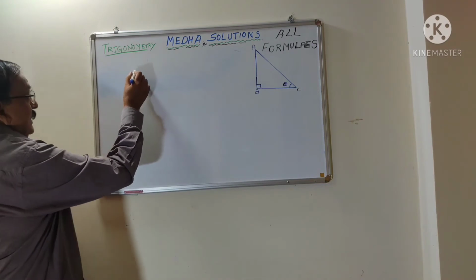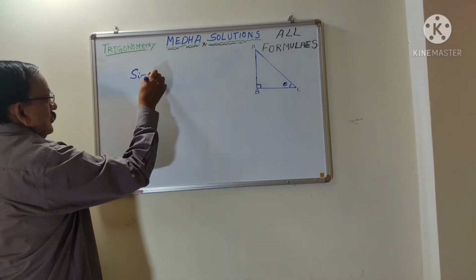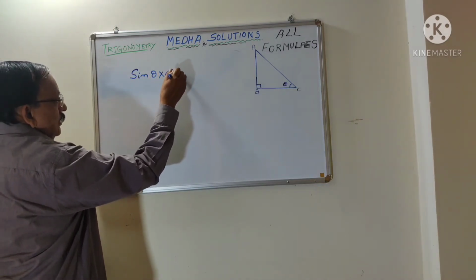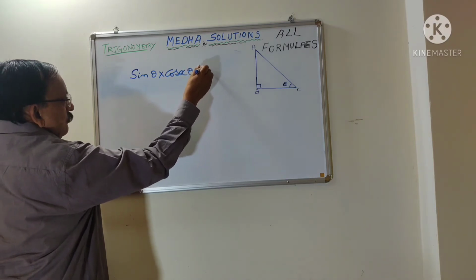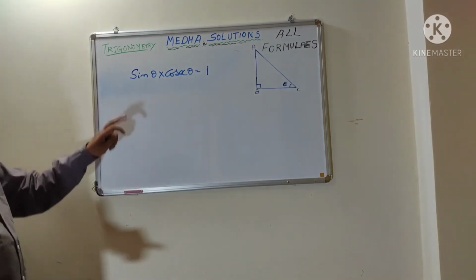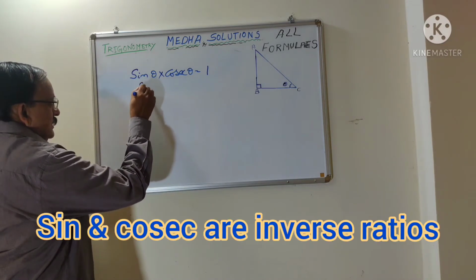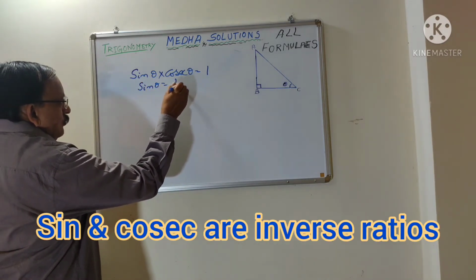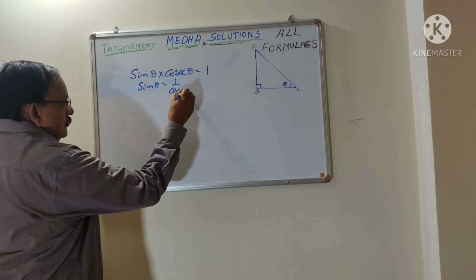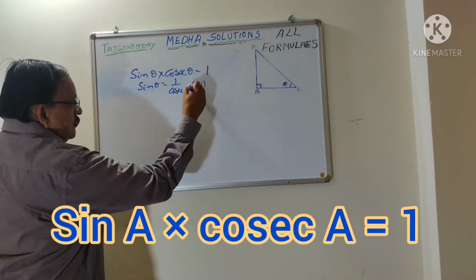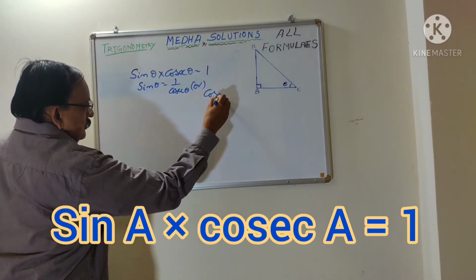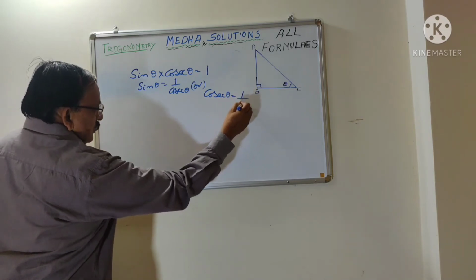Sin theta into cosec theta is always 1. Sin theta into cosec theta is equal to 1, whereas sin theta is equal to 1 by cosec theta or cosec theta is equal to 1 by sin theta.